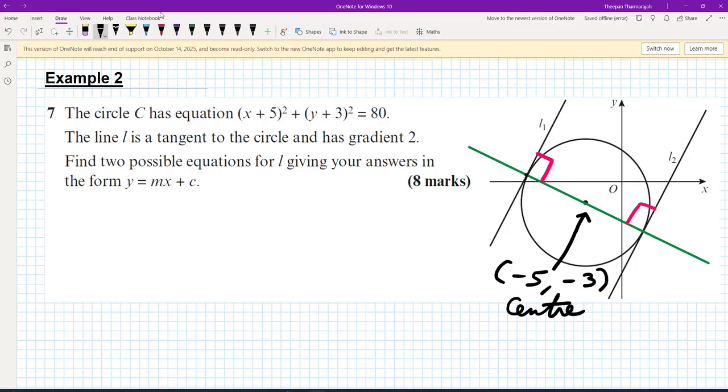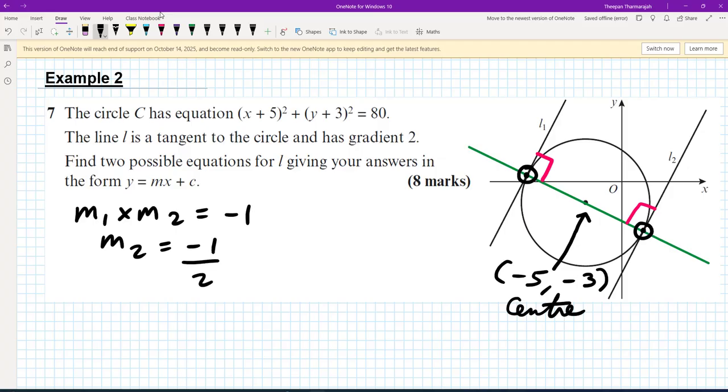Now it meets the tangent here and here before, and they've told us that the gradient of both tangent lines, L1 and L2, is 2. So again, like the example, M1 times M2 must be minus 1. M2 is minus 1 over 2.